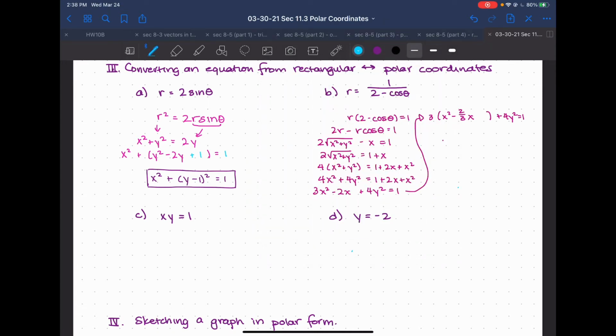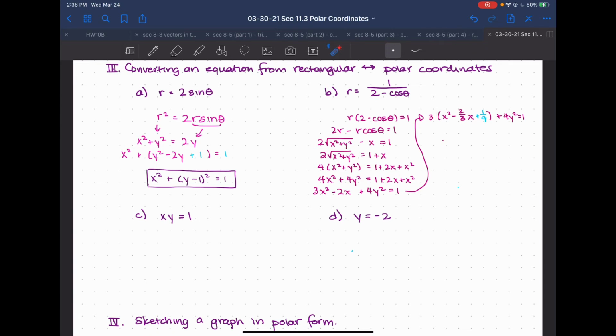So I'm going to complete the square by taking half of this and squaring it. So half of that is negative 1/3. Square it, and you get positive 1/9. But if I add something to one side, I have to add it to the other. Now remember though, I haven't really added a 1/9.